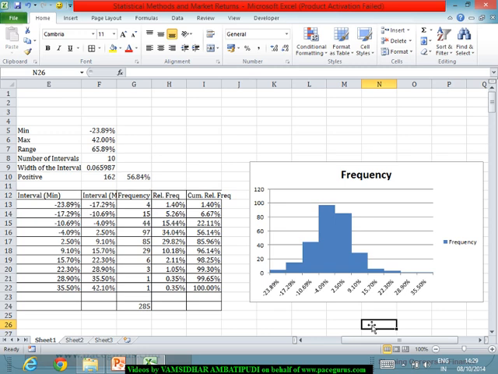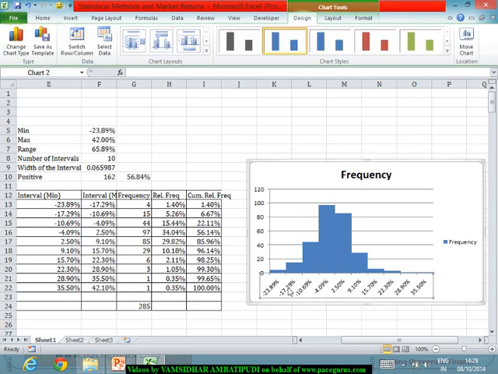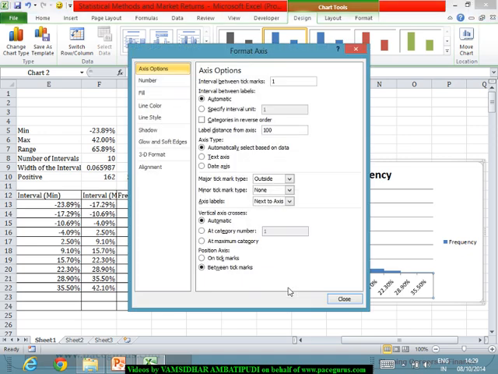So this is what I call a histogram, and even this I can make a little bit better. Instead of positioning the axis in between the tick marks, I'll put it on the tick marks.